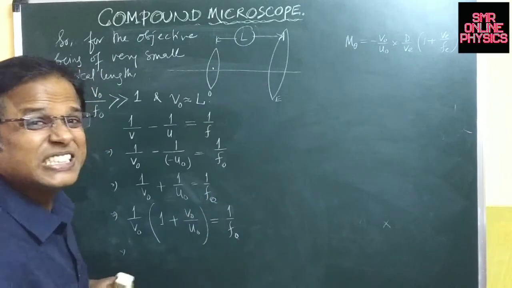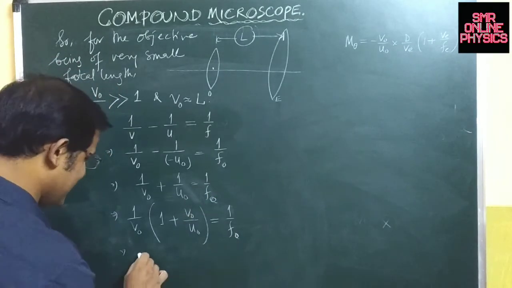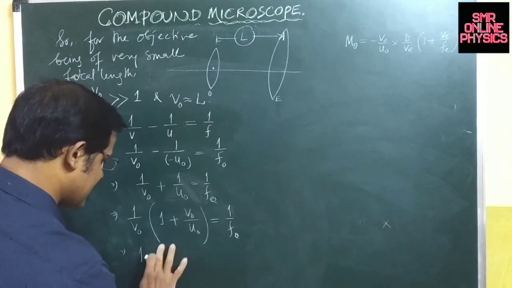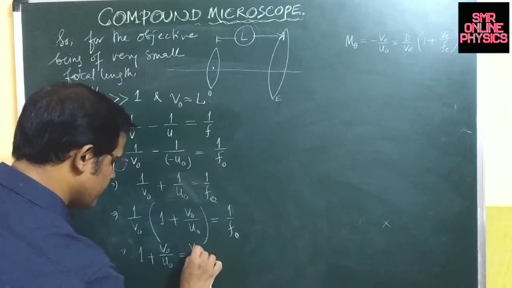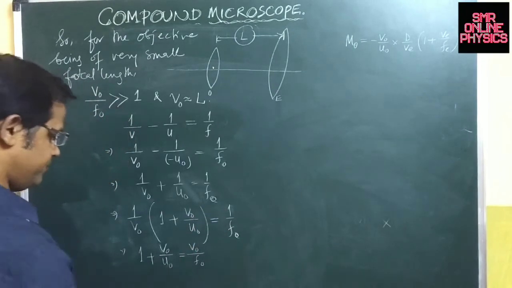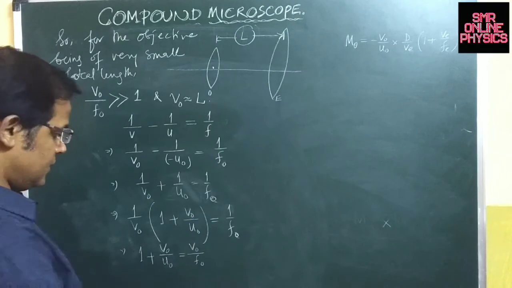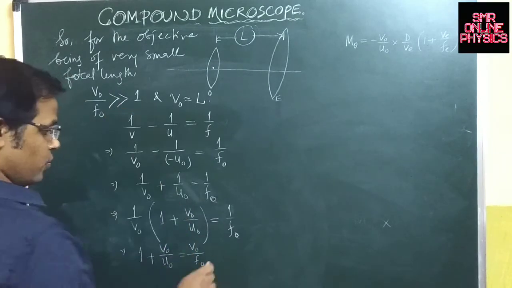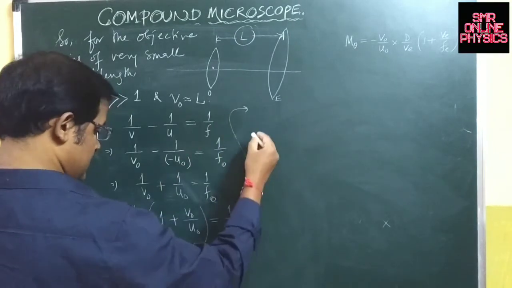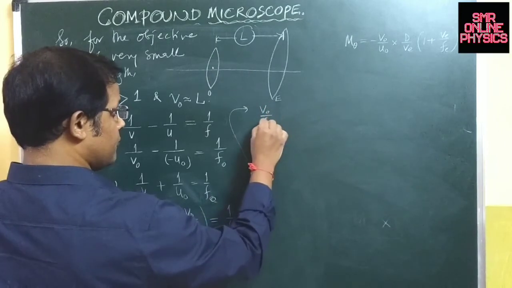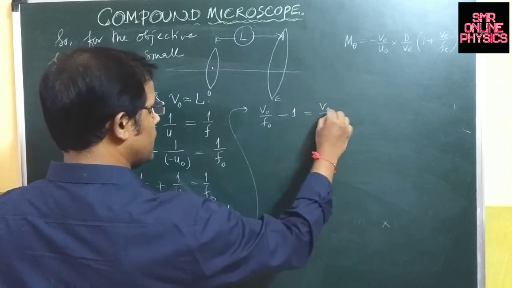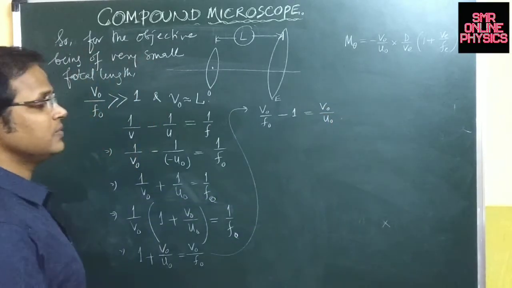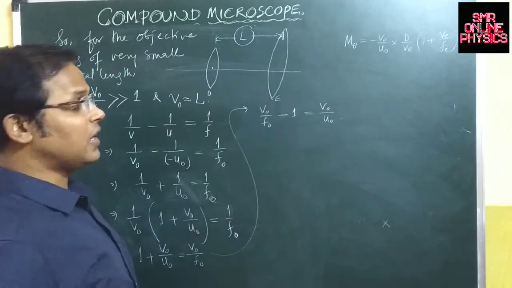So V naught by F naught minus 1 should be equal to V naught by U naught, and V naught by F naught is much larger than 1.